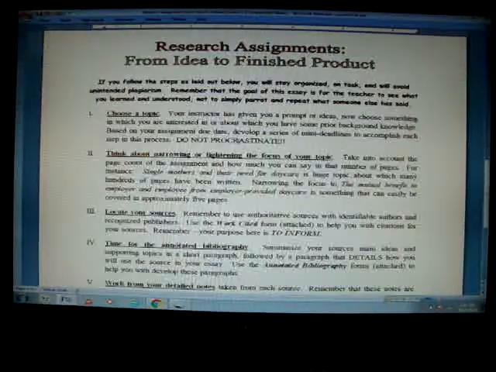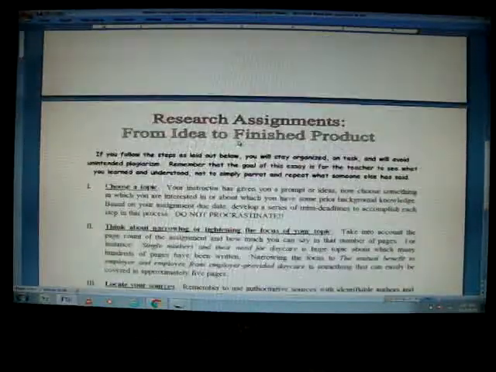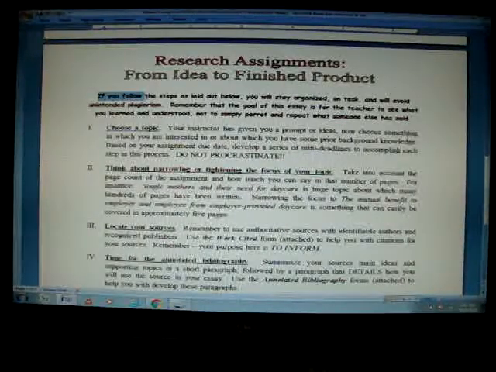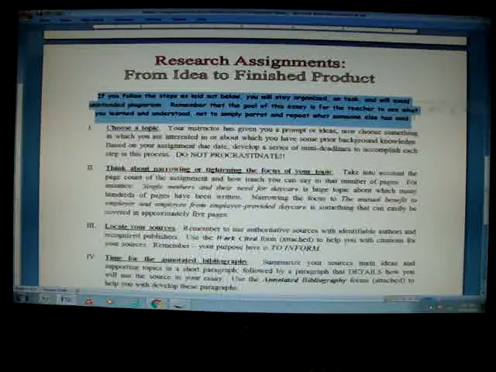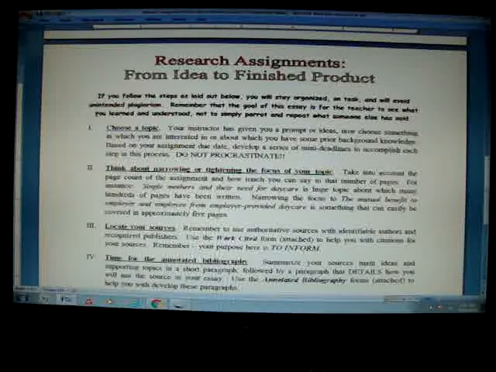Right. Oh, and this is just the same thing, just written in paragraph form as opposed to outline form. Okay. Oh, one thing I did want to point out right here. What's very important is that your professor wants to see that when you did this research, you learned and understood something.